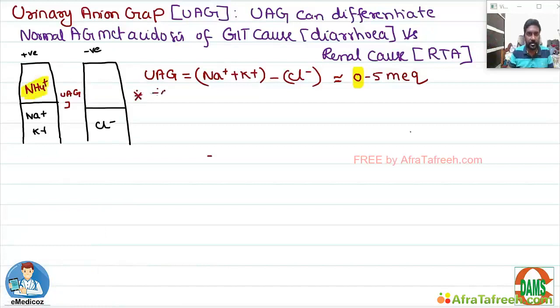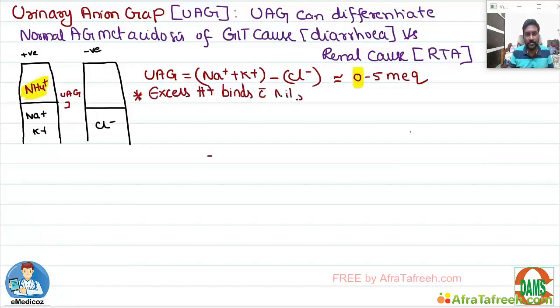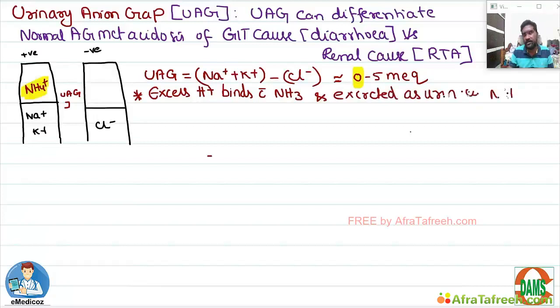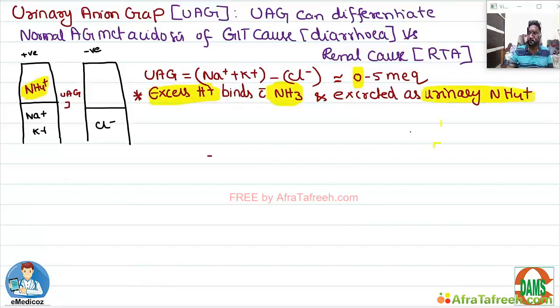Write down: excess H plus in urine binds with NH3 and is excreted as urinary NH4 plus. This is the basic concept that you should know. Whenever there is excess H plus in the urine, it binds with NH3 and ultimately is excreted as urinary NH4 plus.